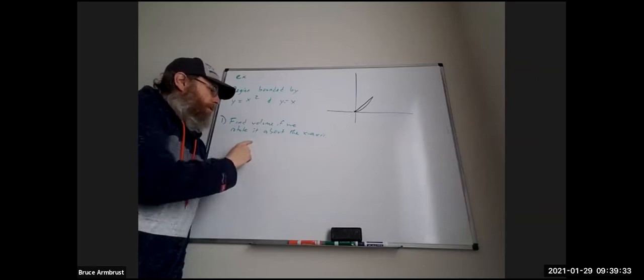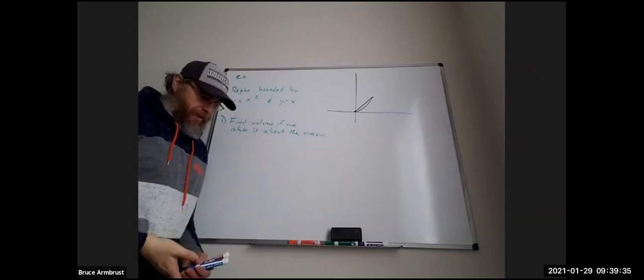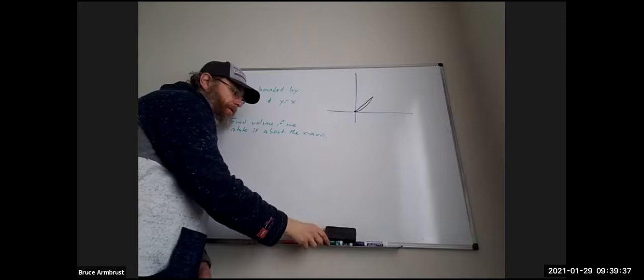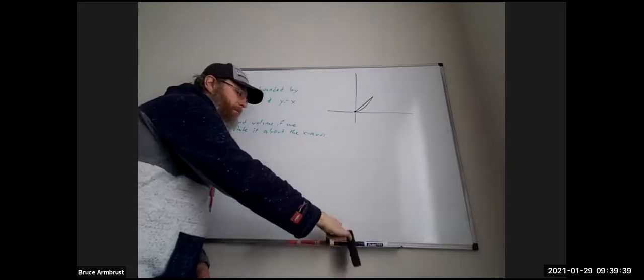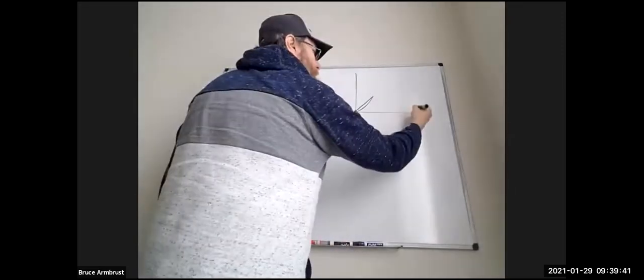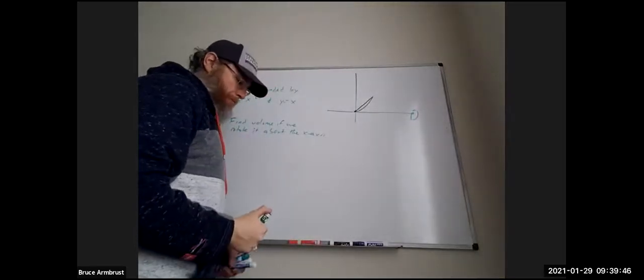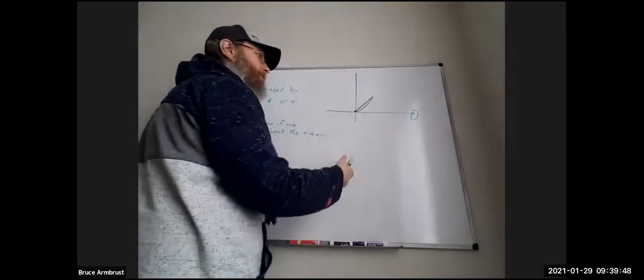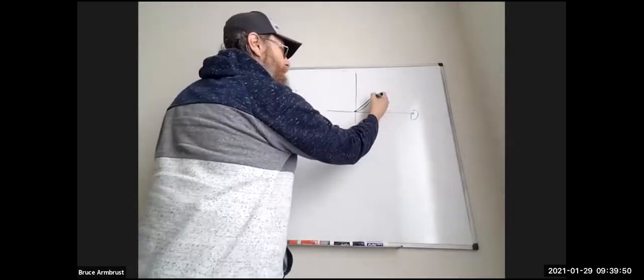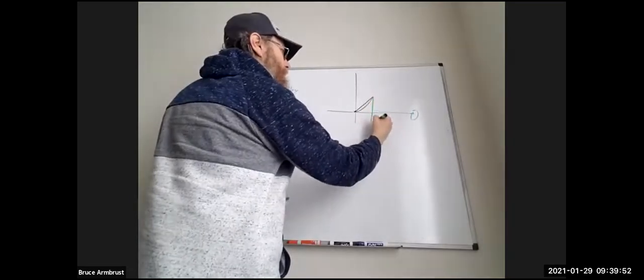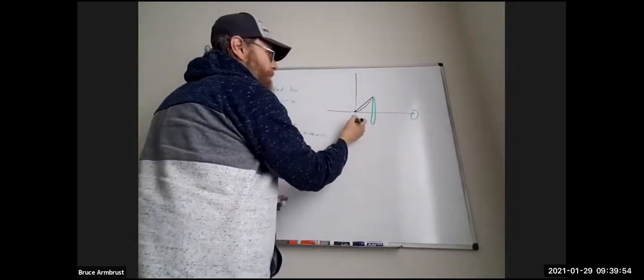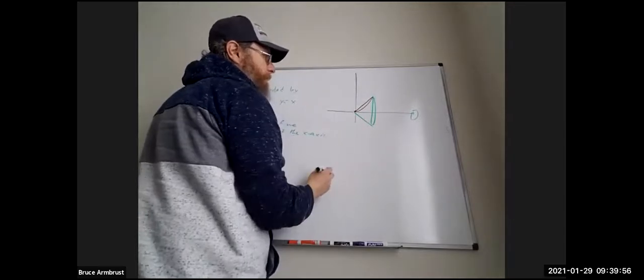All right, so we're going to start by rotating this about the x-axis. So let's spin it around the x-axis. Think about what this is going to look like. Far out here, we're going to get a big circle. It's going to be that line.